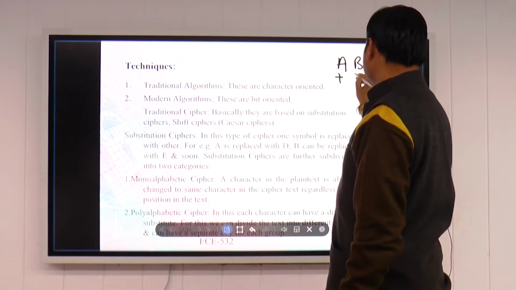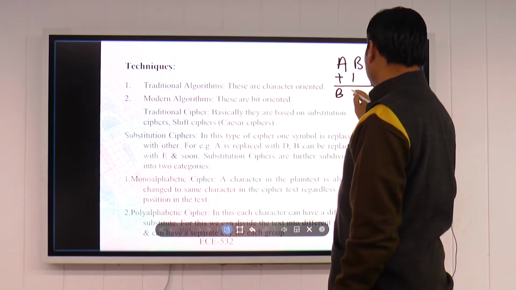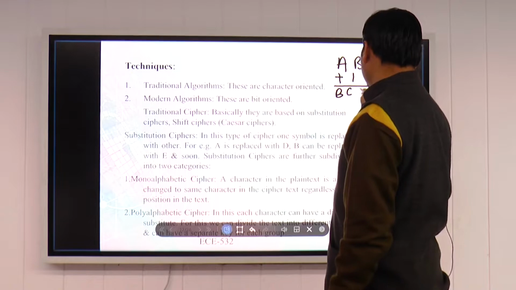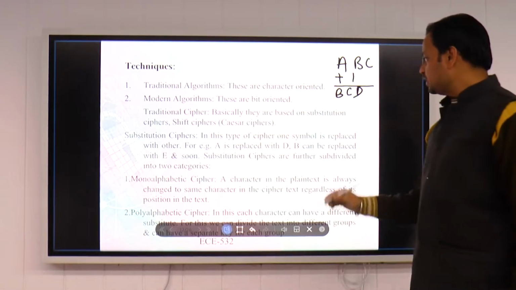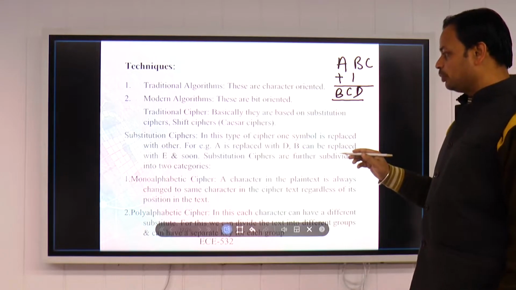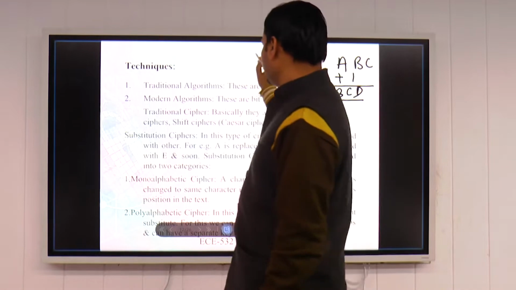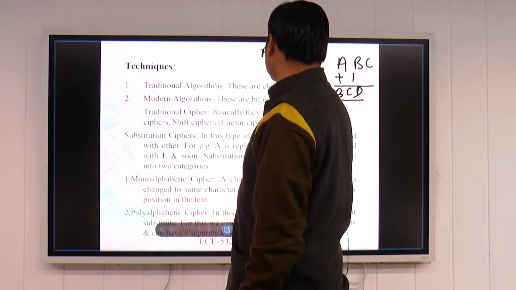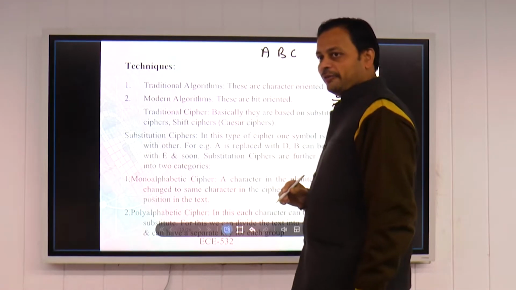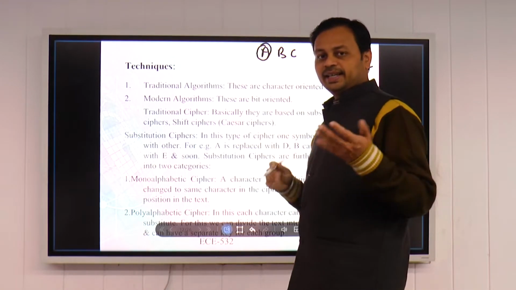If the key remains same, A will be converted to B, B will be converted to C, C will be converted to D. So this is the ciphertext we get if we are using monoalphabetic. But if we are using polyalphabetic, then for A, B, C the key will be different for every character. Say for example A comes first in the character set.